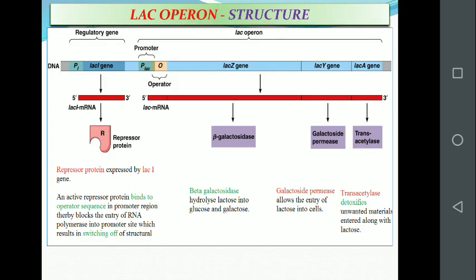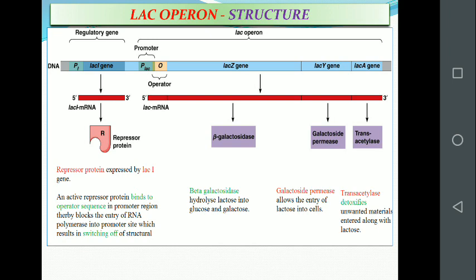lactose operon contains 3 structural genes, Z, Y, A. LAC-Z encodes a polypeptide chain or a protein, that is nothing but the beta galactosidase enzyme, and LAC-Y gene is responsible for the production of galactoside permease that allows the entry of lactose into the cell, and LAC-A gene encodes transacetylase.